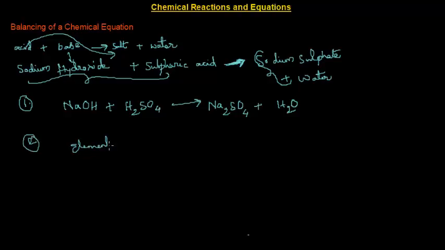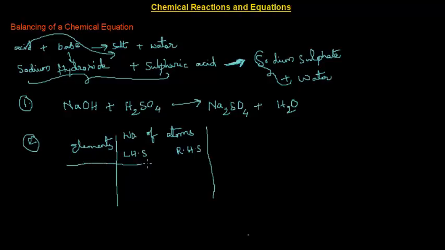Elements and number of atoms on LHS, here on RHS. This is how we have to form a table so that we can easily identify whether the equation is balanced or not.